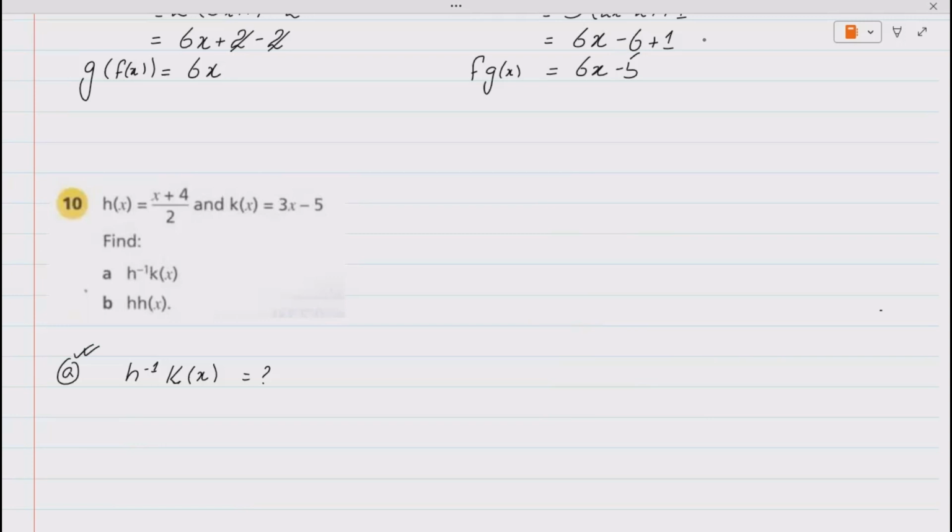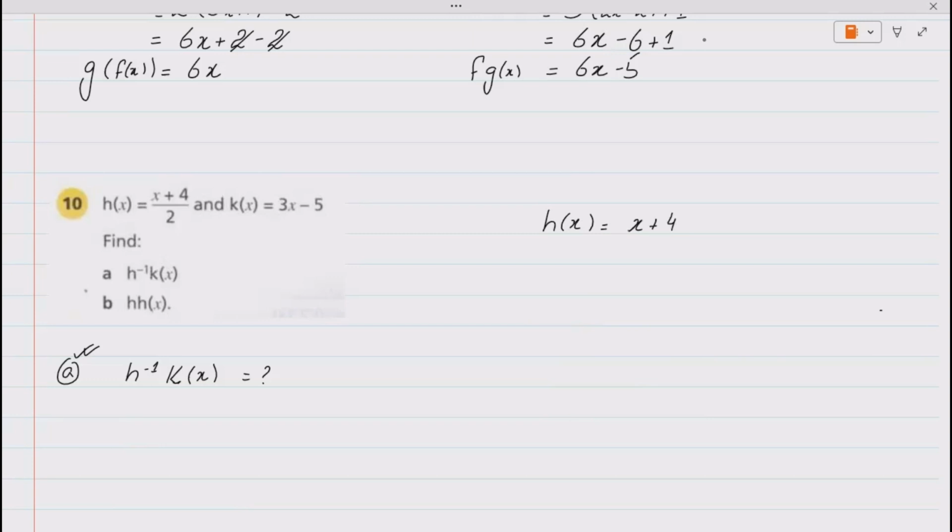Remember we studied how to find the inverse of any function in exercise 21.2 of the inverse function in the book, right? So here we are given h of x and k of x, but not h inverse. So first we have to find h inverse from h of x.